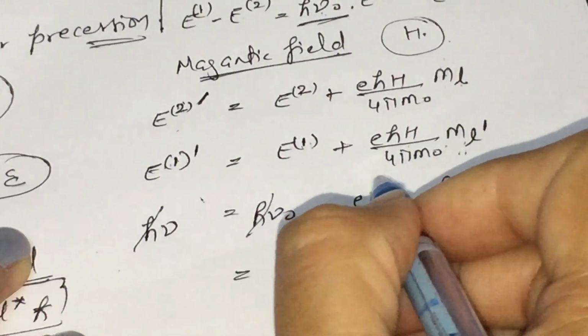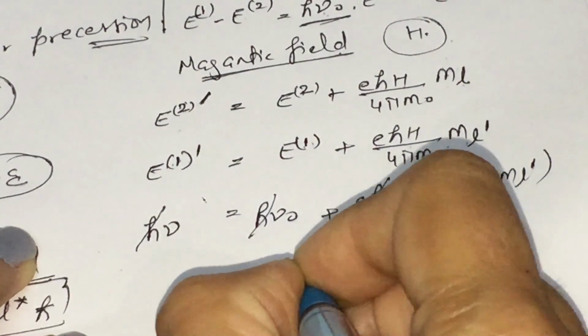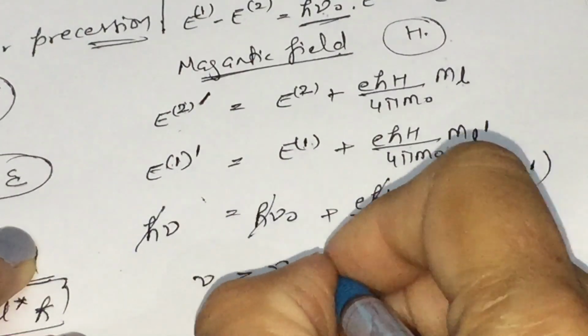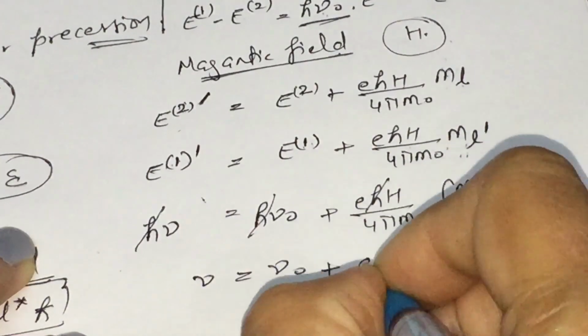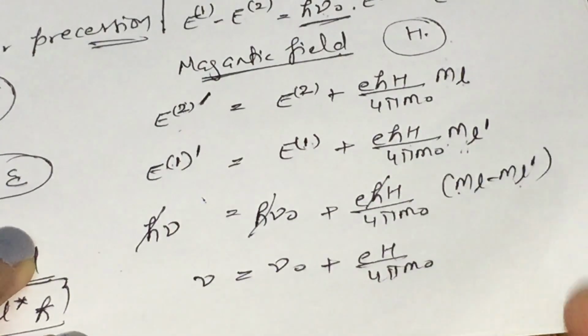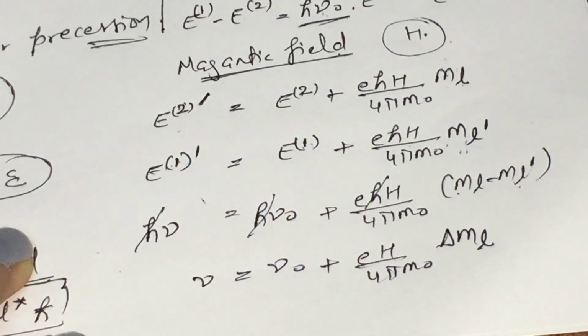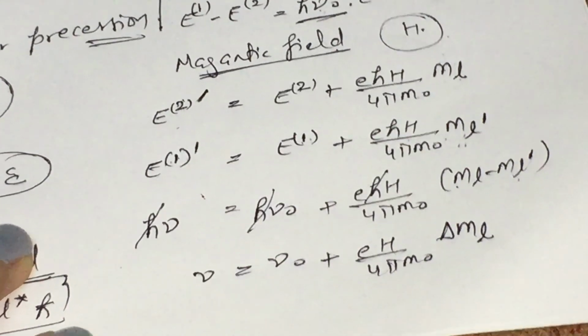We can cancel out our Planck's constant, and we will have Eh upon 4 pi m naught, and quantum number minus quantum number, again there is a change in quantum number, and here we are representing it by delta m.